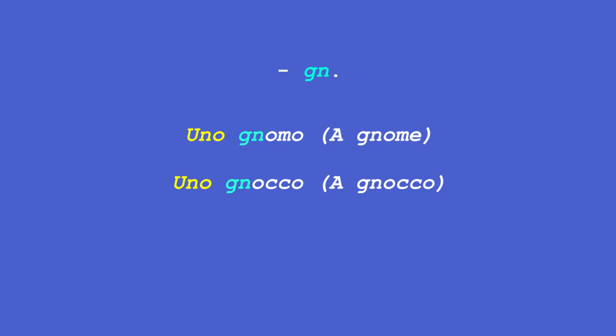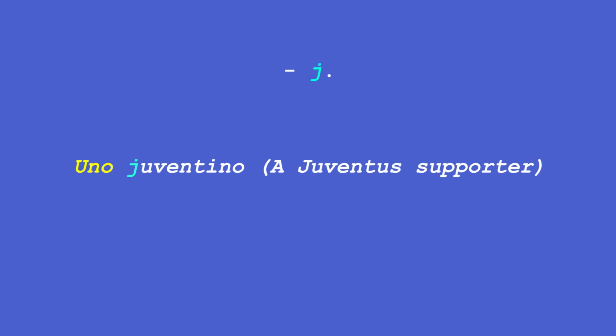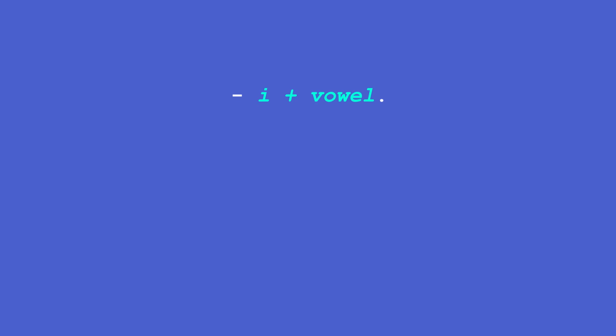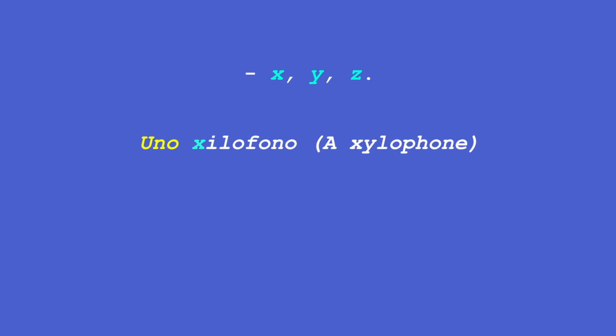Gn, uno gnomo, uno gnocco, uno gnu. Ye, uno juventino. I plus vowel, uno iato. X, Y, Z. Uno xilofono.